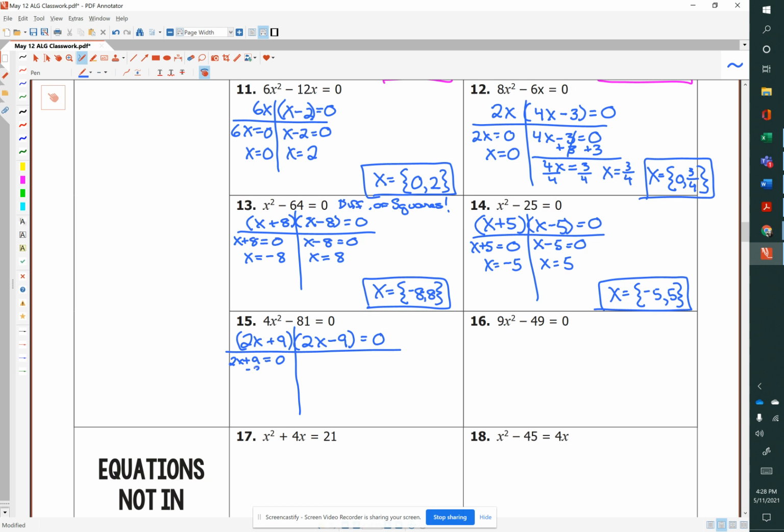We subtract 9 from both sides. 2x equals negative 9. And x equals, we divide by 2, negative 9 over 2. And on the second side, the right side, we add 9 to both sides. And x will equal positive 9 over 2. And those are our two solutions.